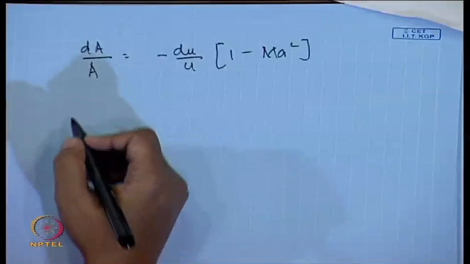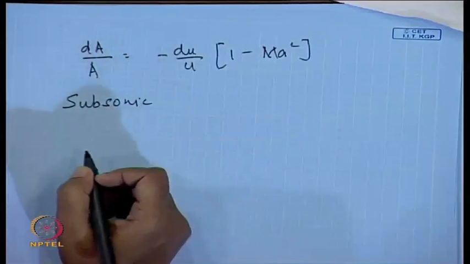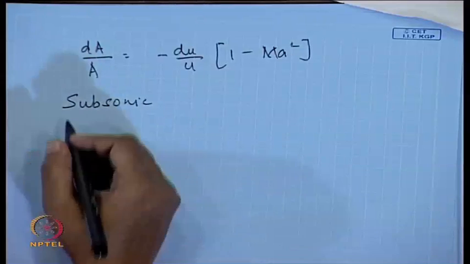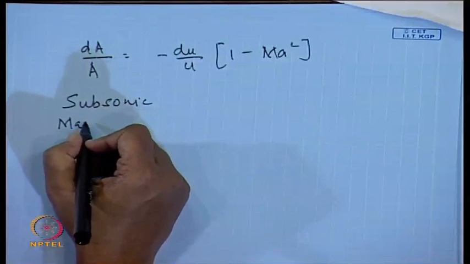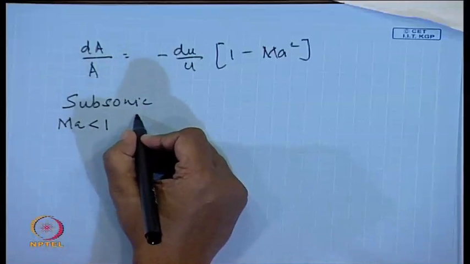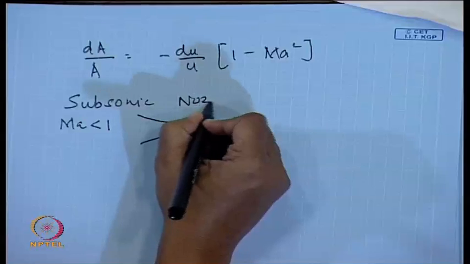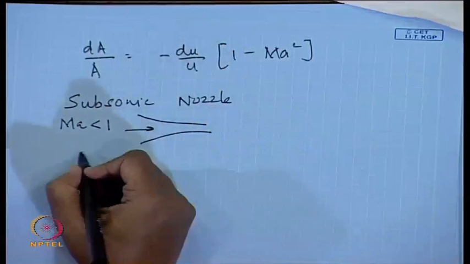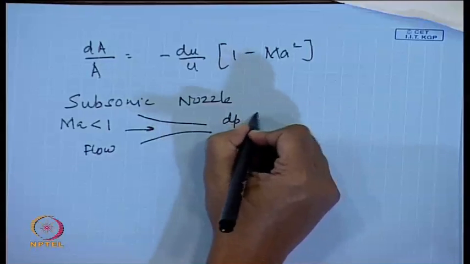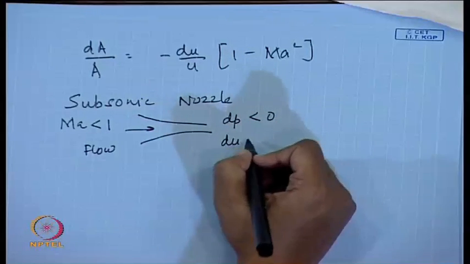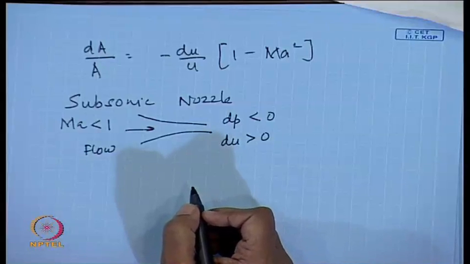We deduce that for the subsonic range, if Mach number is less than 1, then what happens? The nozzle will be something of this sort. Flow occurs in this particular direction. For this particular case, we know dP less than 0 and du greater than 0, is it not?